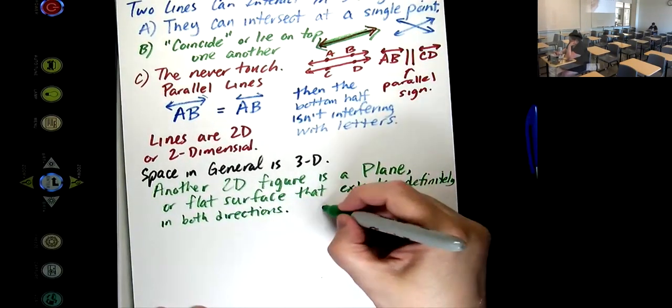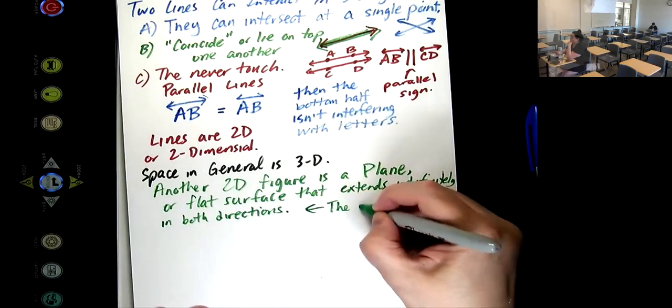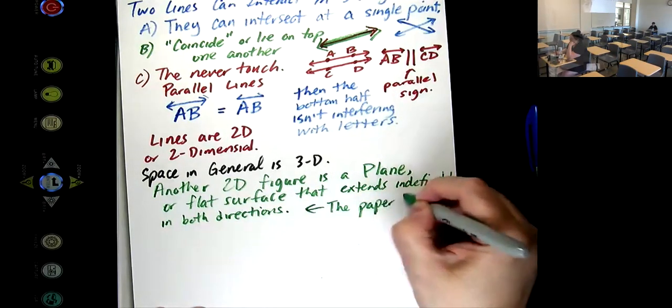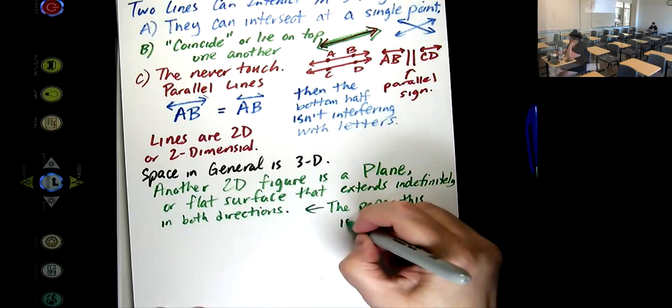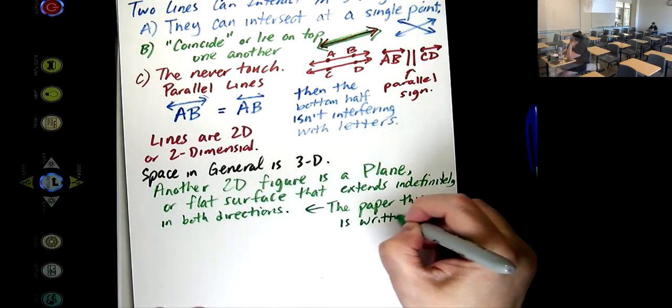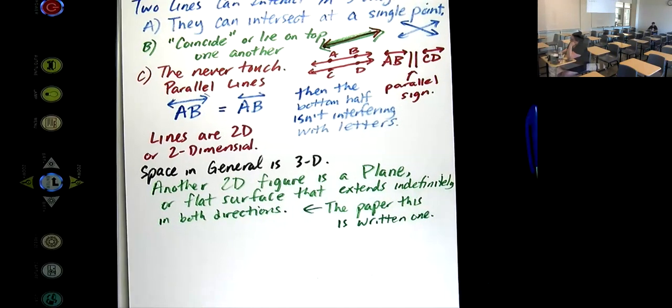Kind of like the paper this is written on, if the paper went on forever. If it wasn't just 8.5 by 11, but it was a gazillion by gazillion. It's like a planet, just a flat surface that goes on forever.